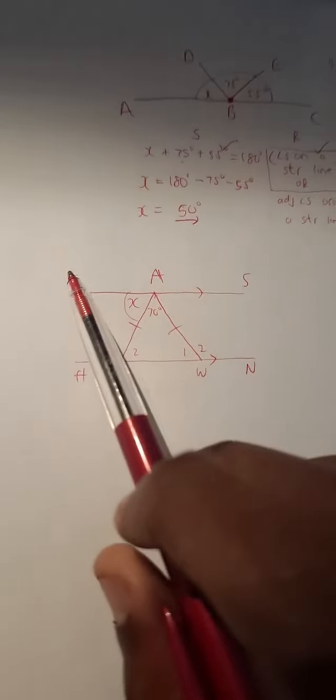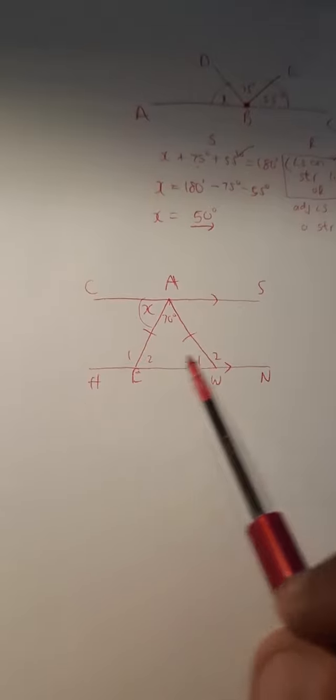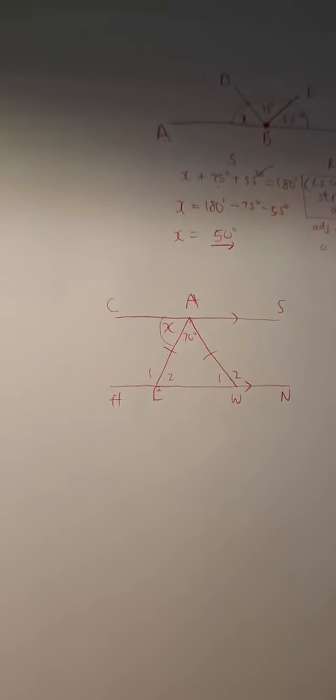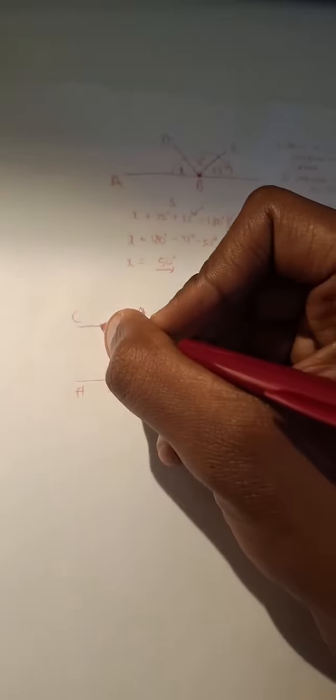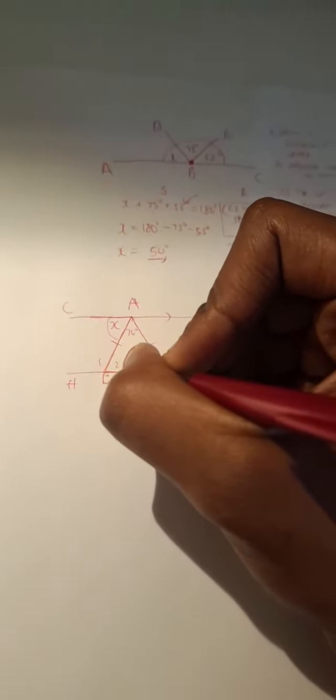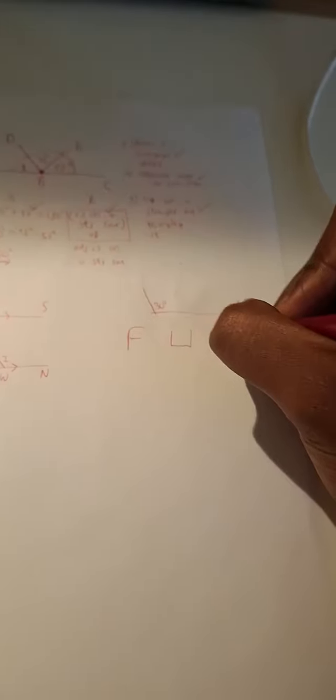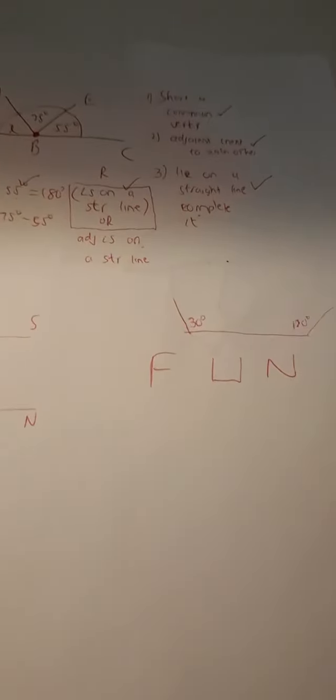Because this is CS, this is HN. All right, so if you look at this, this is my Z or my N. Okay, remember, we have what we call corresponding angles.